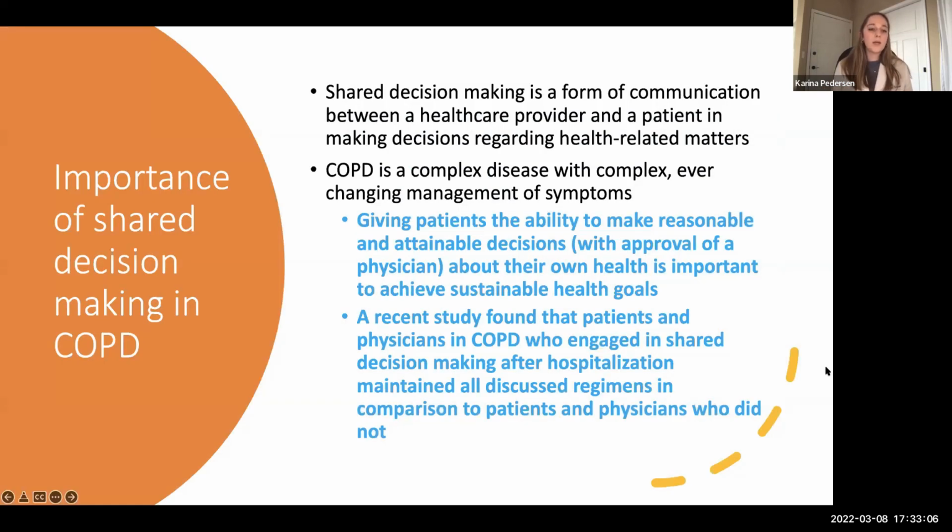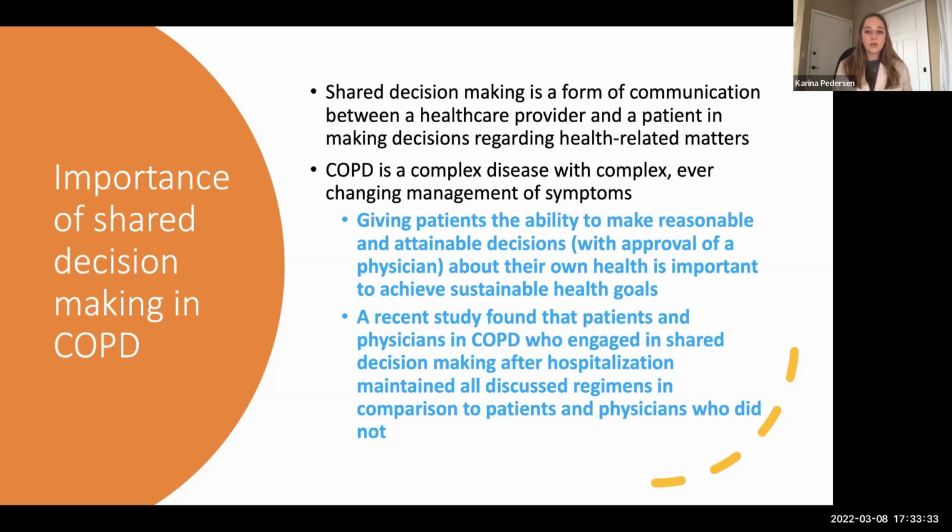So COPD is a very complex disease, and it can be difficult to manage symptoms. And so I'm going to discuss the importance of shared decision-making in COPD. Shared decision-making is a form of communication between a healthcare provider and a patient in making decisions regarding health-related matters. COPD is a complex disease with complex, ever-changing management of symptoms.